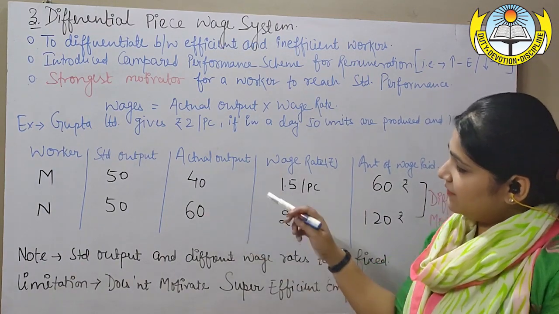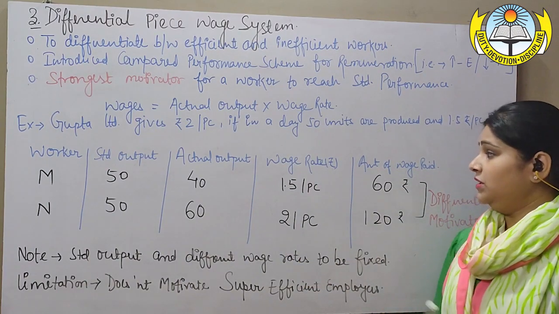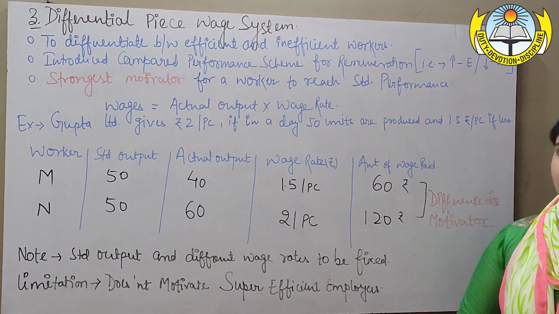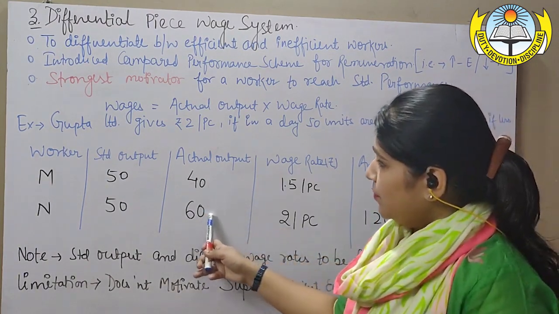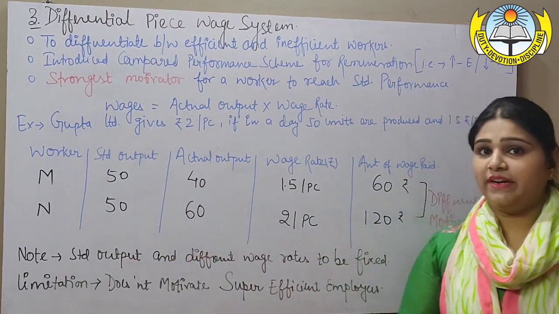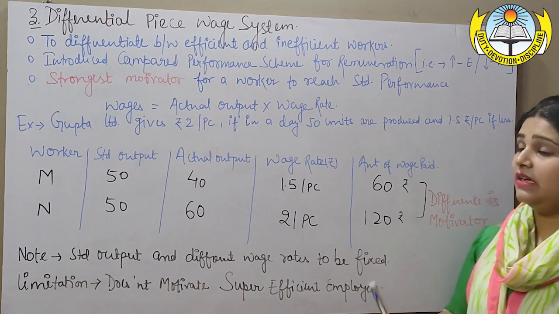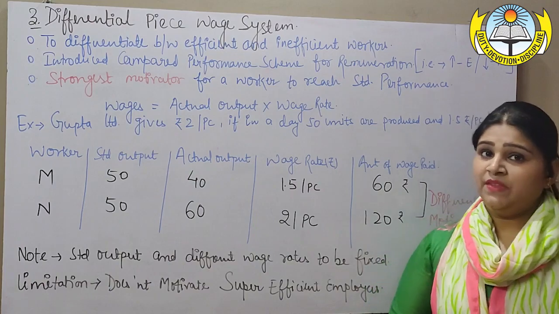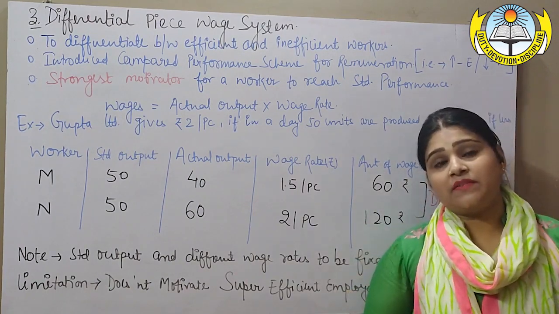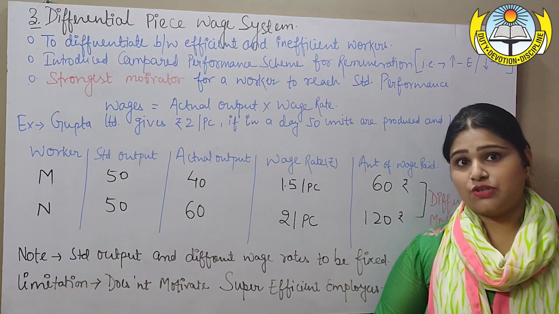So in this case, he will be paid at the rate of 2 rupees. This makes a difference of just half. Just by producing 10 extra or 10 fewer units, the difference in the reward is huge. This will work as the strongest motivator for the rest of the employees working in the organization.